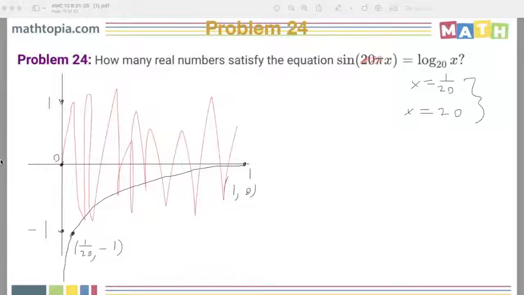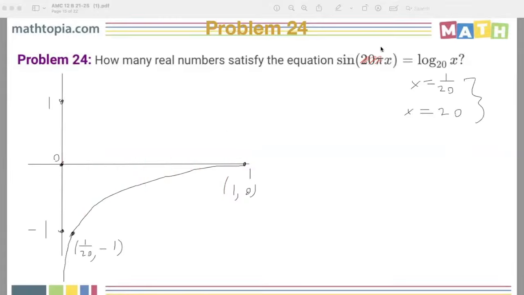At exactly what points is it going to go up and back down? We know that the zeros of the original sine function happen at the multiples of pi. This is 0, this is pi, this is 2 pi, this is 3 pi. At every multiple of pi, it crosses the x-axis again. So when is the next zero?